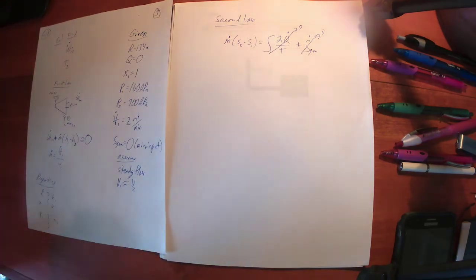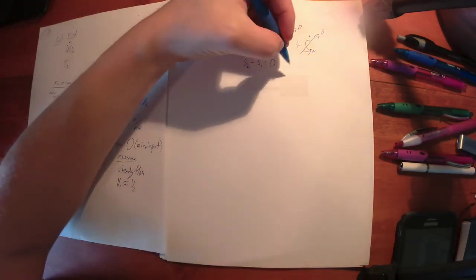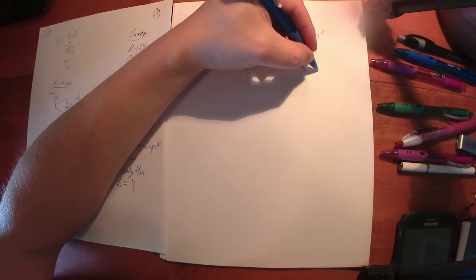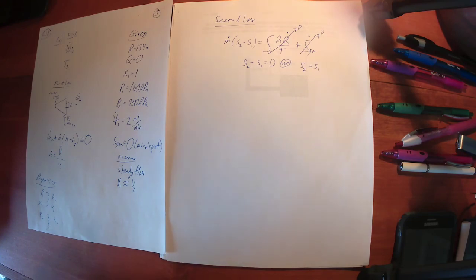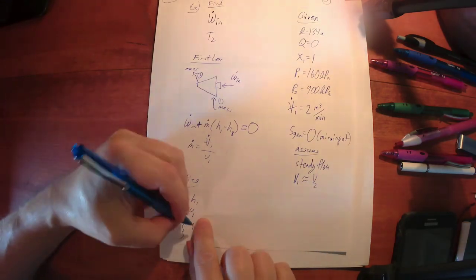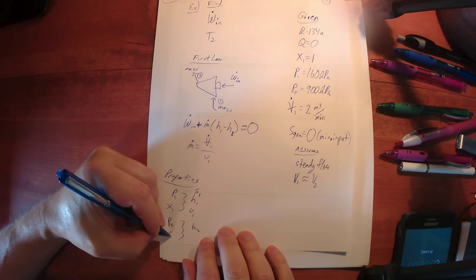I know these two things. Little s2 minus little s1 is equal to 0, or little s2 is equal to little s1. Can I find either of those? Well, sure. I can find s1. That'll give me s2.